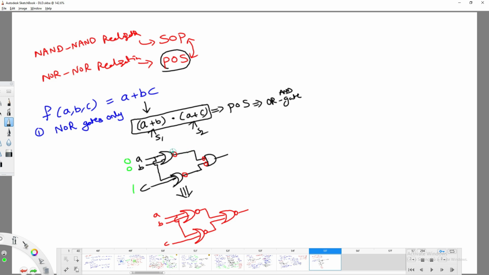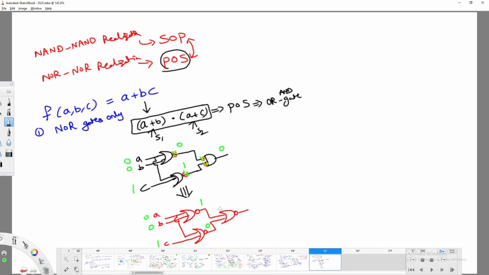You should not consider these complements here because this is the normal circuit, right? With 0, 0, 1: 0 and 0 is 0, and 0, 1 is 1, 0 and 1 is 0. If you give the same input here, you have to get the output 0. Try to observe: 0 or 0 is 0, complement is 1; 0 or 1 is 1, complement is 0.